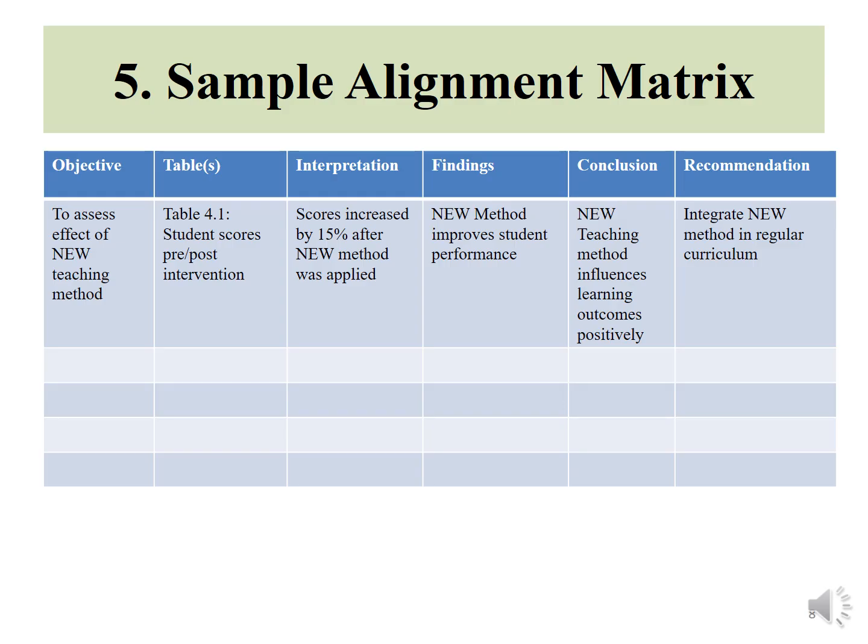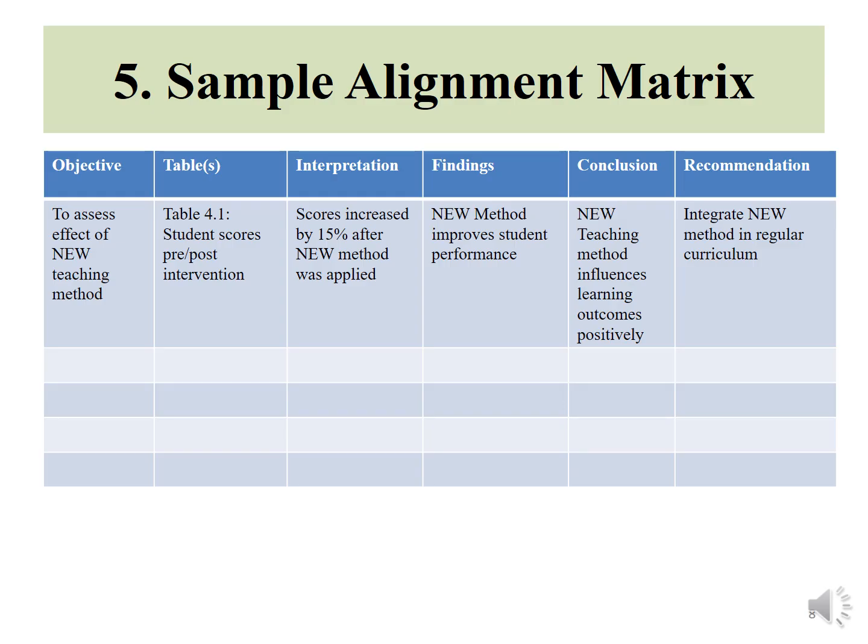Again, you will see that it is a short form of objective, table, interpretation, findings, conclusion and recommendation. Please do not copy it as it is. This matrix is just for alignment purposes, and what is written here is actually not standard.